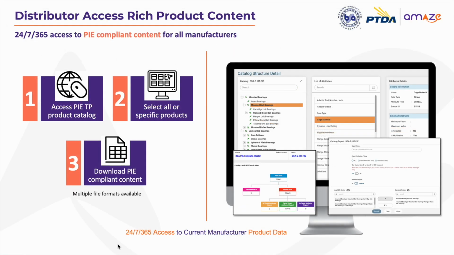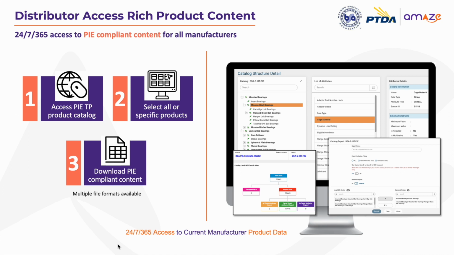Let's take a quick look how distributors can access this rich product content. Similar to the manufacturers, the distributors here shown in number 1, they have access to the PyTP catalog. Again, this is via the internet. They're able to log in with their rights.